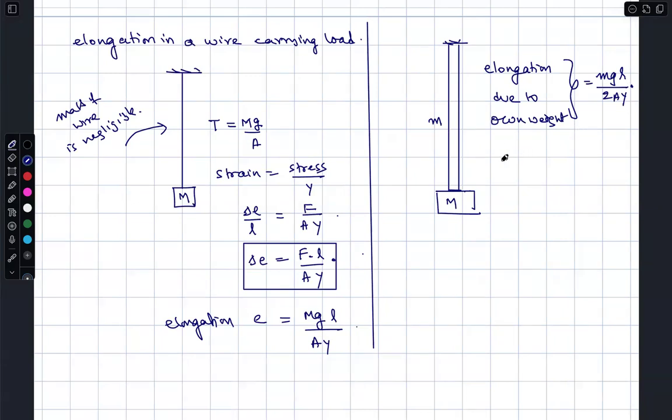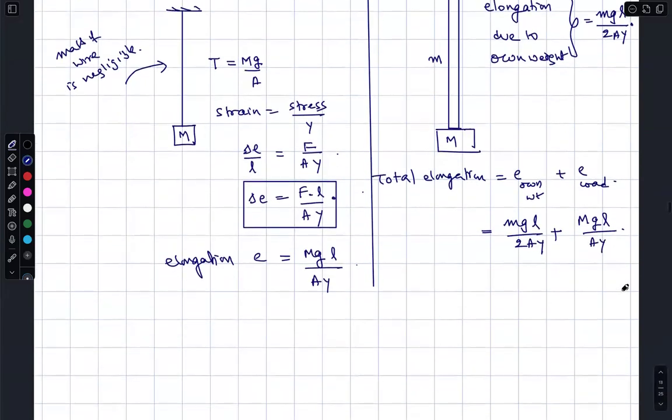Now the question is, total elongation has two different things. One is elongation due to own weight. Next, elongation due to load. So mgL by 2AY plus MgL by AY.